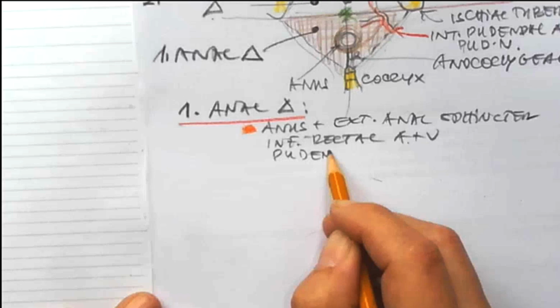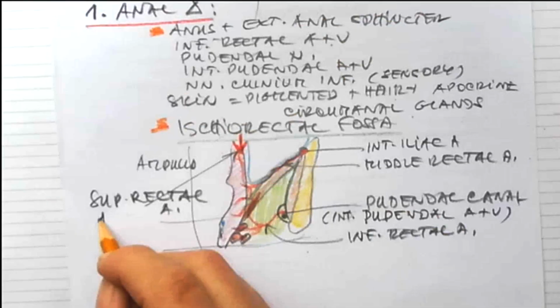And then finally, that one with interconnections is the superior rectal. Everyone remembers that the superior rectal artery comes from the inferior mesenteric artery. So we see three sources.